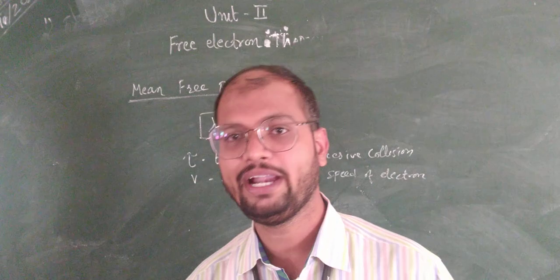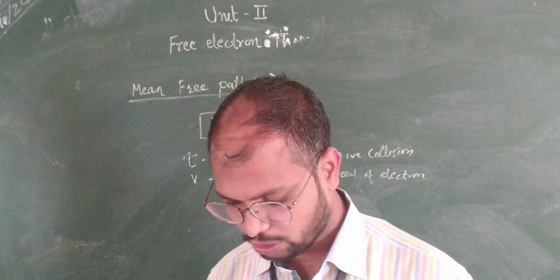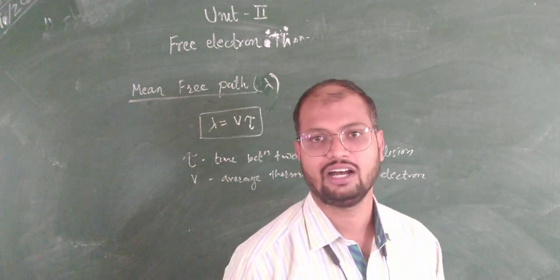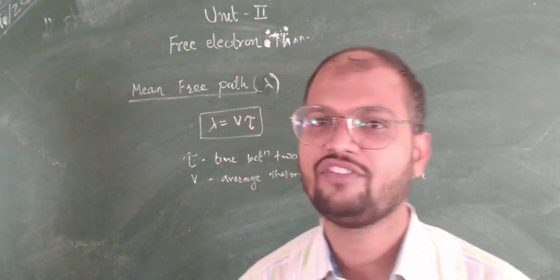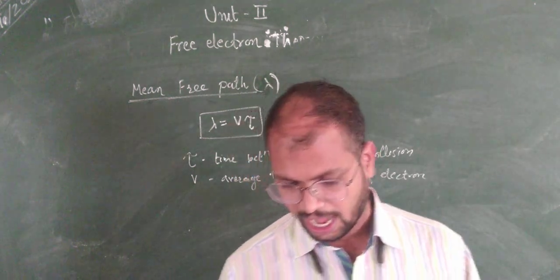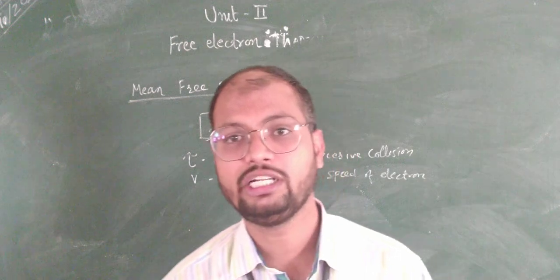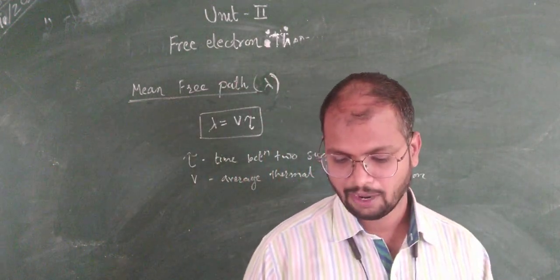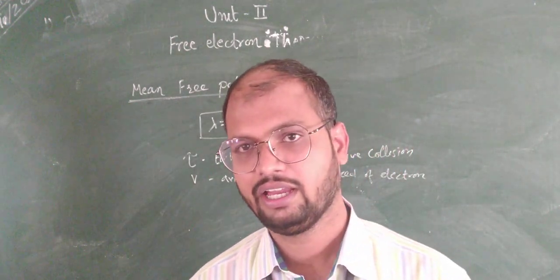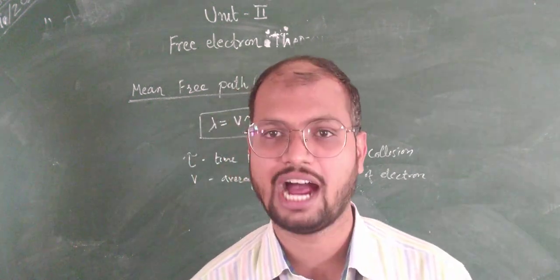During the random motion of electrons, the electrons collide with each other or with fixed positive ions in the metal.